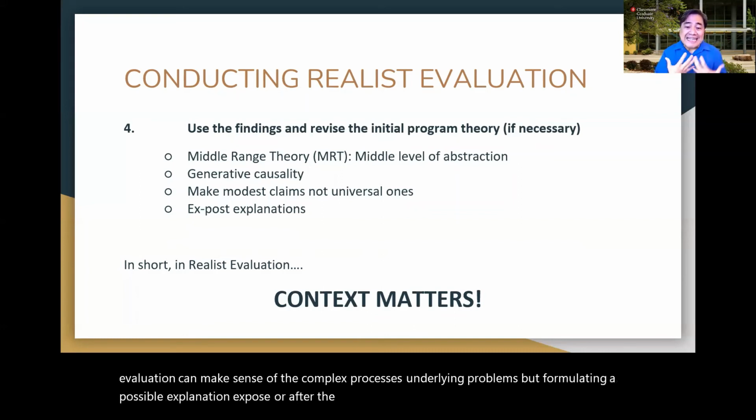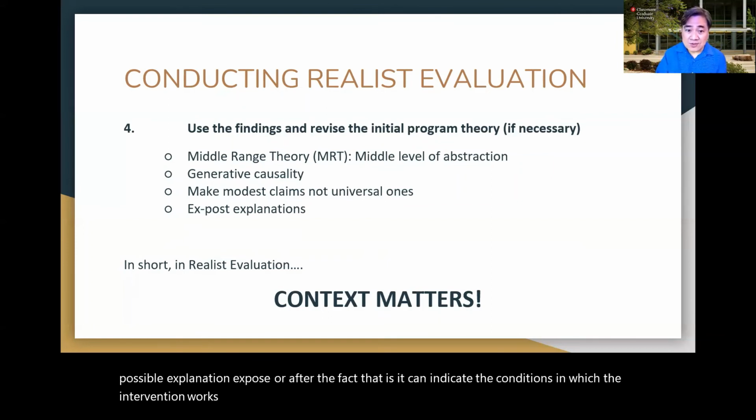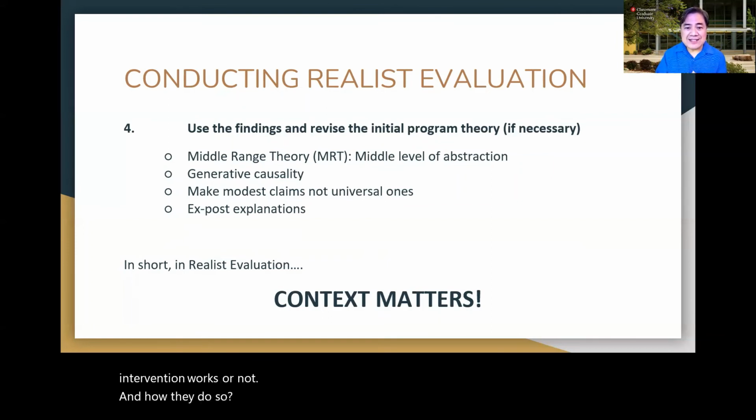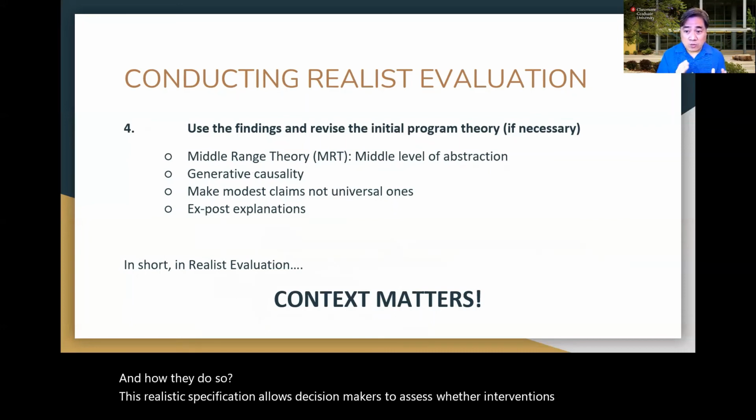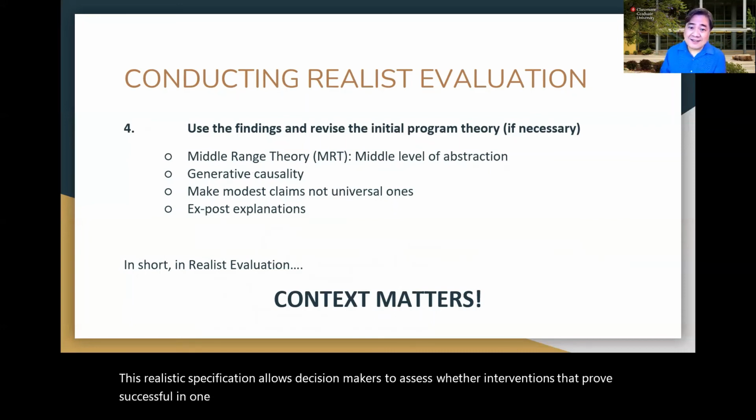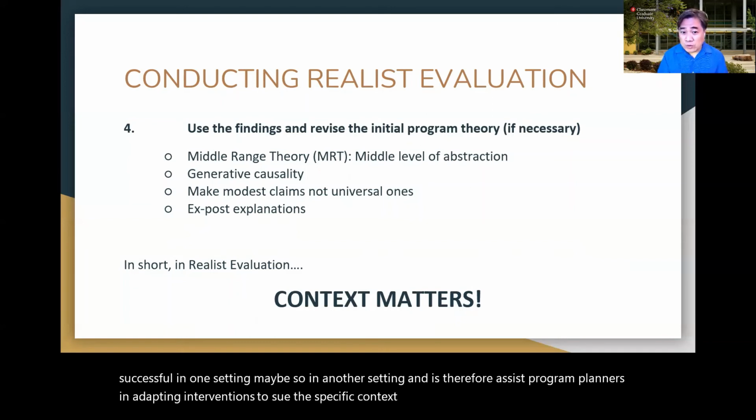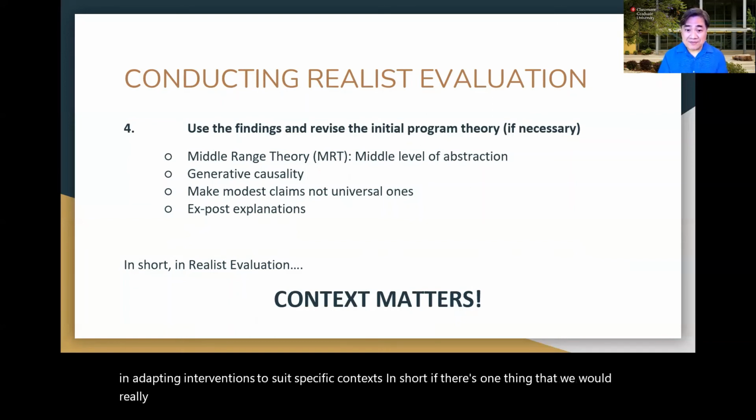That is, it can indicate the conditions in which the intervention works or not and how they do so. This realistic specification allows decision makers to assess whether interventions that prove successful in one setting may be so in another setting, and therefore assists program planners in adapting interventions to suit a specific context. In short, if there's one thing that we would really like you to take away from this presentation, it is that in realist evaluation, context really matters.